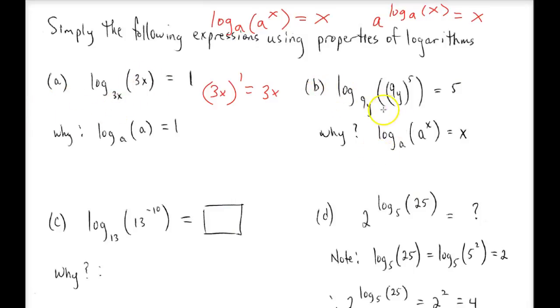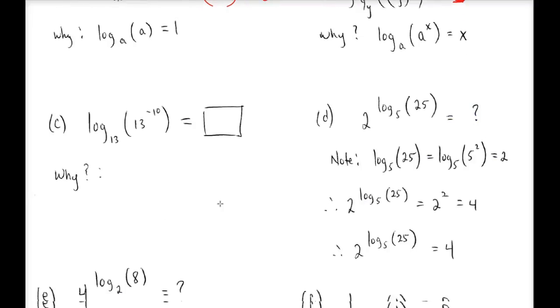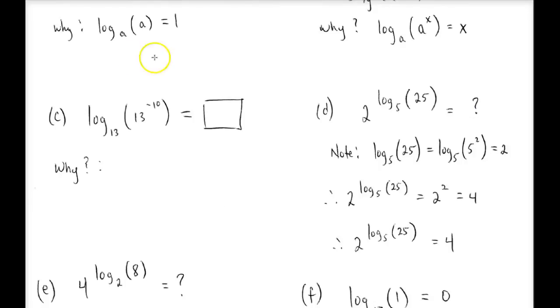Similar for example B, we have log base 9y evaluated at 9y quantity raised to the 5th. And we know that the answer to that is 5 for the same reasons here. Okay. For example C, we know that log base 13 of 13 raised to the -10 is -10.